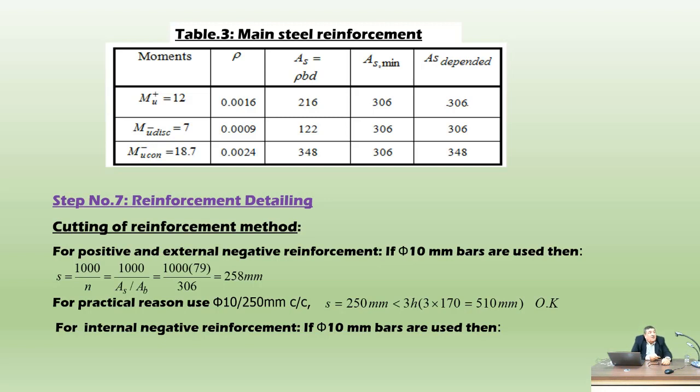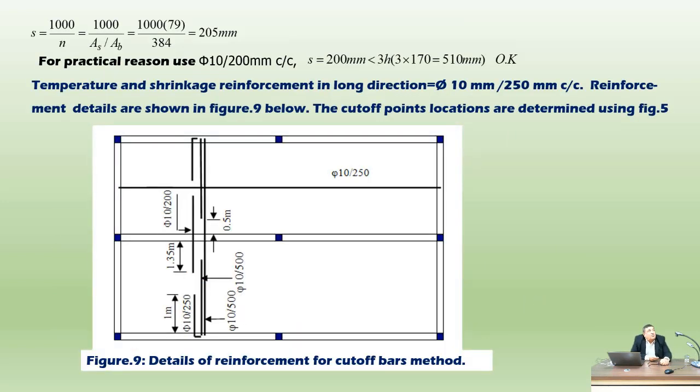Okay. For internal negative reinforcement, 10 millimeter bars are used also. Then S equals 1000 divided by N and equals 205 millimeter. For practical reason, use 5φ10 over 200 millimeter center to center. Also S equals 200 millimeter, less than 3h, which is equal to 510 millimeter.